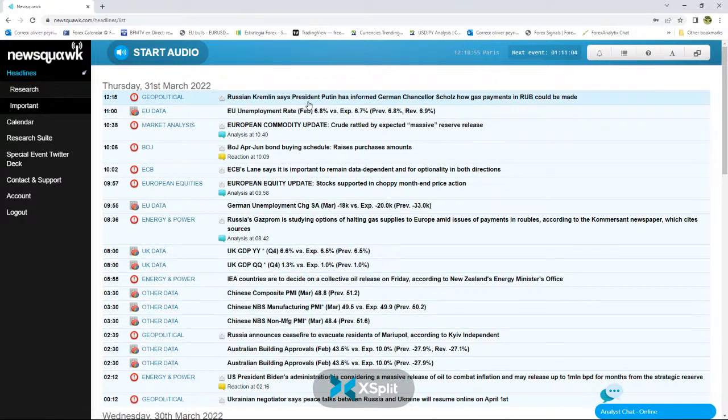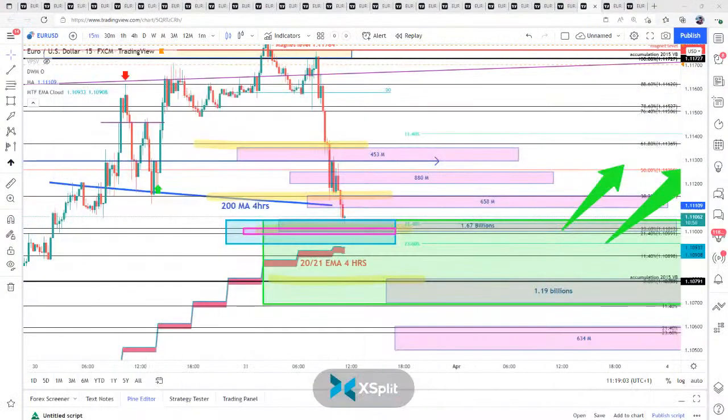Russian Kremlin says President Putin has informed German chambers how gas payment in ruble could be made. So this story of the payment in ruble is creating more uncertainty on the market, and uncertainty is not good. So when there is uncertainty, people are looking for safe haven, and one of the safe haven is the USD, even if there is absolutely no reason to believe that USD is a safe haven.